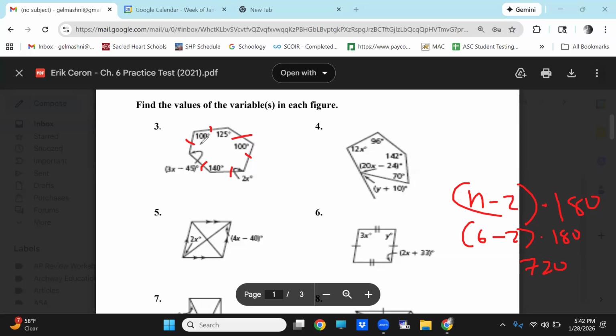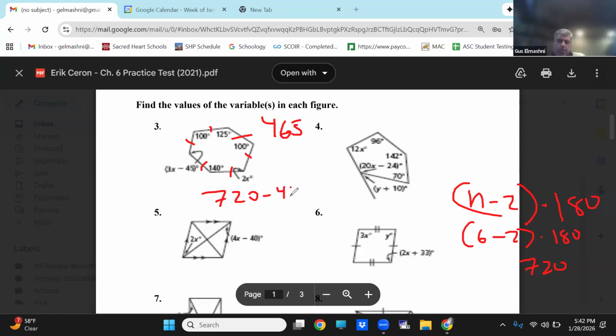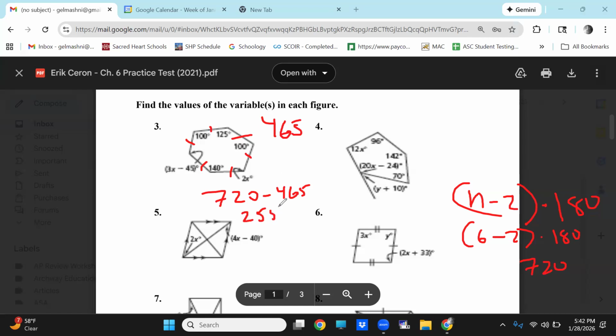Okay, so then 100 plus 40. So you should get 325, 465 minus 720, 255.